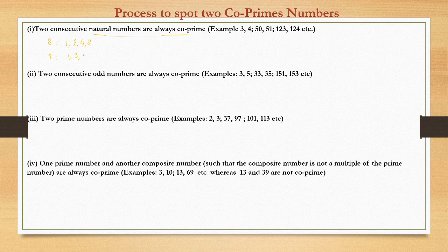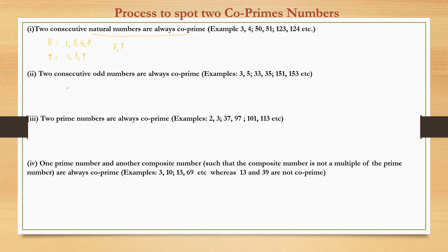Its factors are 1, 3, 9. So do we have any common factor other than 1? No. So therefore 8 and 9 are co-prime. Similarly we can check this for all other consecutive natural numbers. It will always be co-prime, right? Because they will not have any factor in common apart from 1.